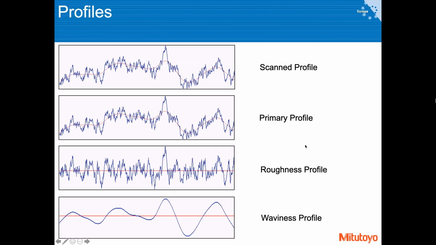Using these filters, you can divide this primary surface into subsurfaces: the waviness, and a roughness profile, which is the roughness. And basically, if you mathematically add these oscillations on top of each other, you get the primary profile.